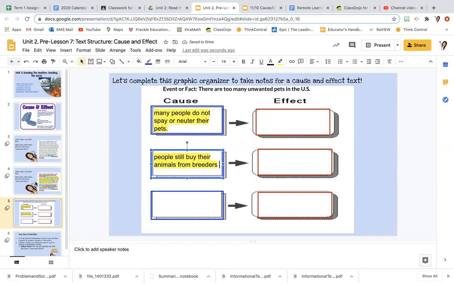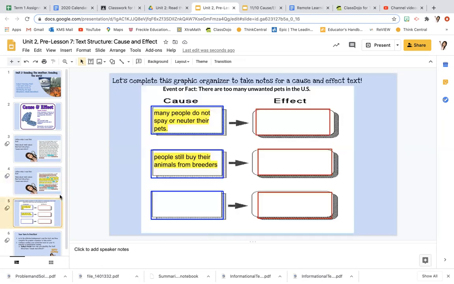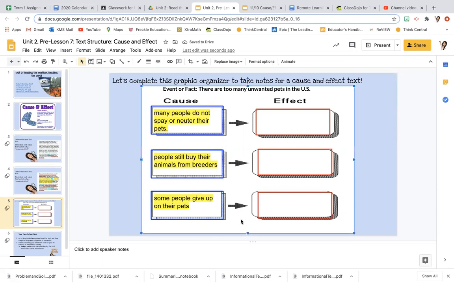So that's a problem, huh? And another issue is that some people are just giving up on their pets altogether and they don't want them anymore. They're too much trouble or too much of a hassle and they don't want to deal with them anymore. So because of these causes, what happens because of that?